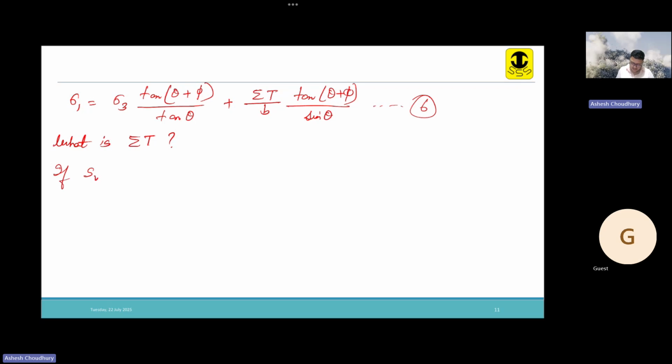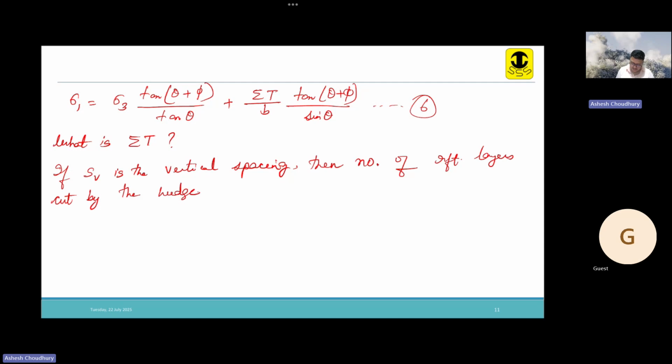So if SV is the vertical spacing, then the number of reinforcement layers cut by the wedge is B cos theta by SV.